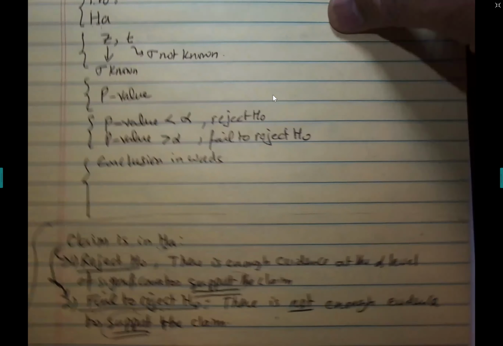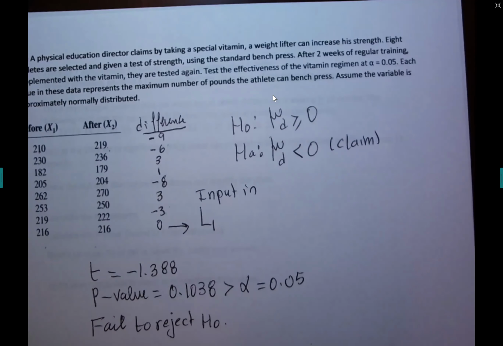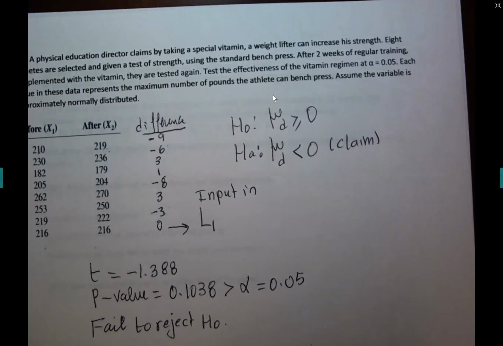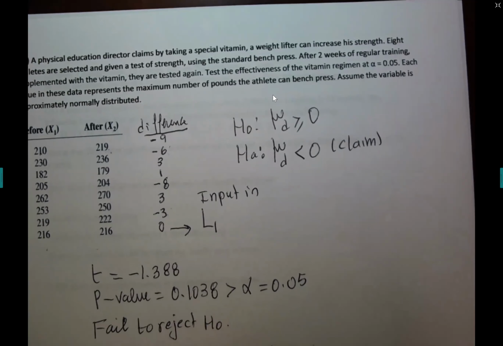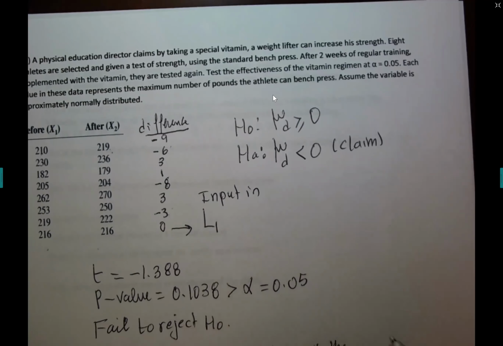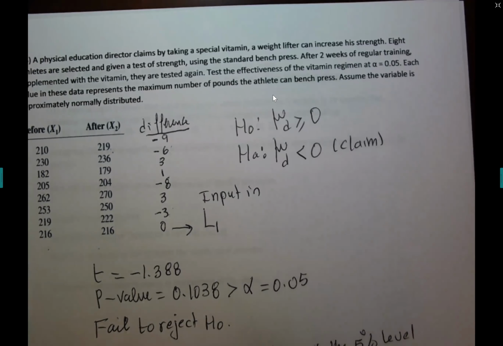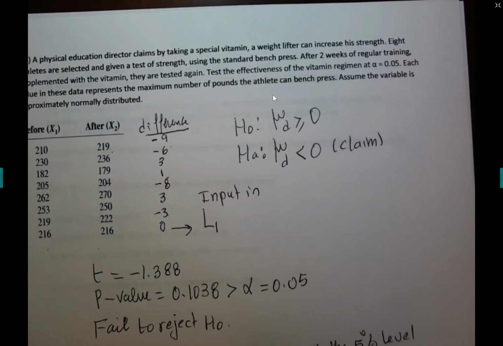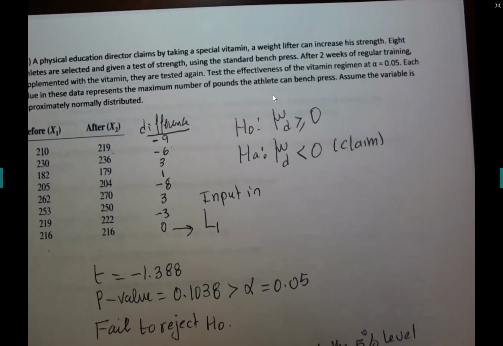There is not enough evidence to support the claim. So probably the vitamin doesn't work, guys, to increase the bench press strength. There is not enough evidence at the alpha, 5% level of significance, to support the claim.